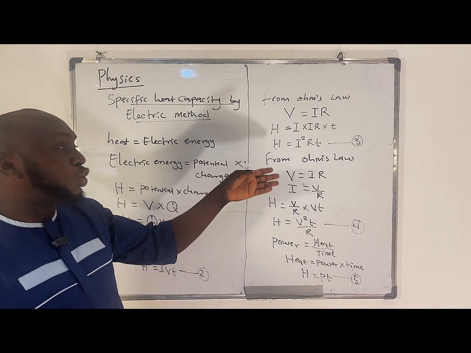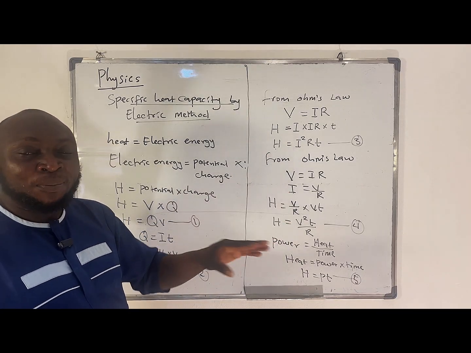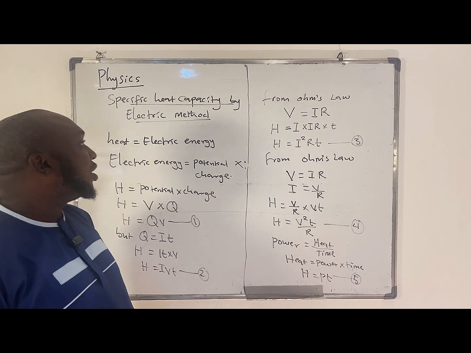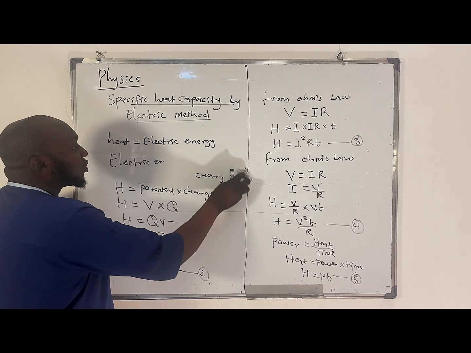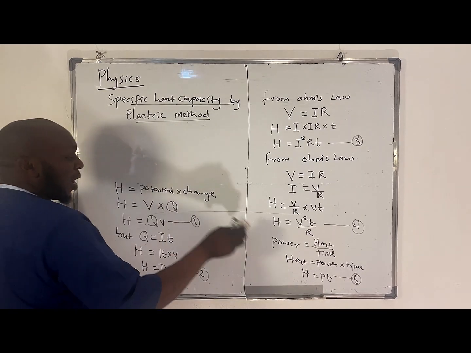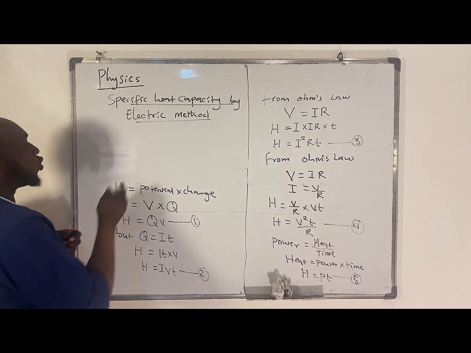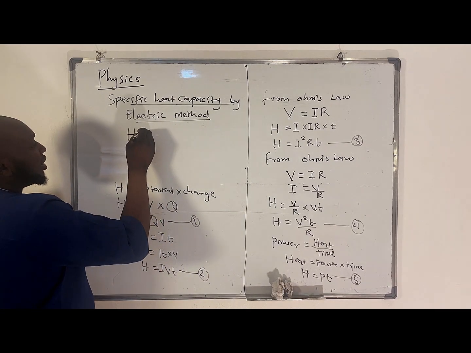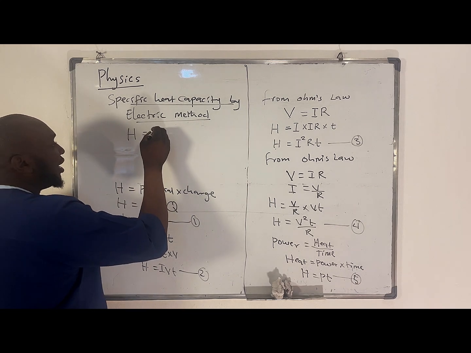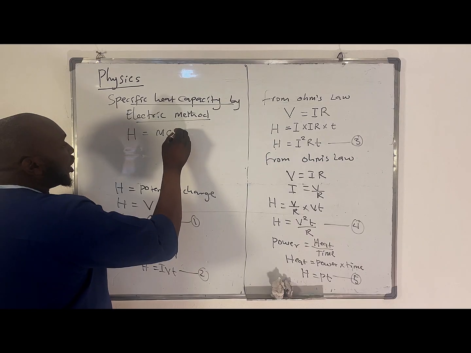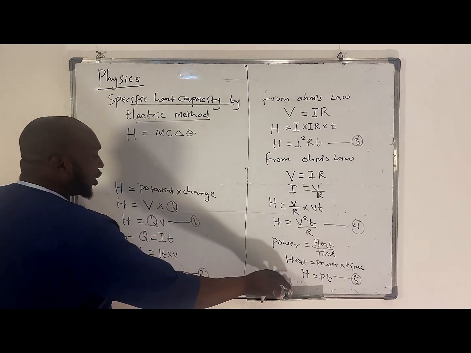Then knowing the amount of heat supplied by the electric device, it becomes very easy to find the specific heat capacity of the substance. Now, from our previous video, the formula that connects heat to specific heat capacity is MC change in temperature.